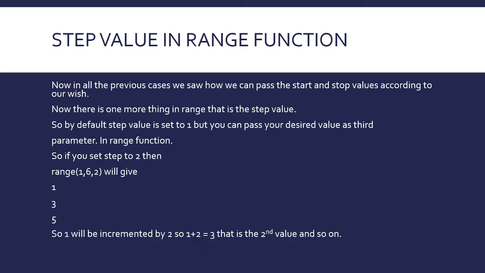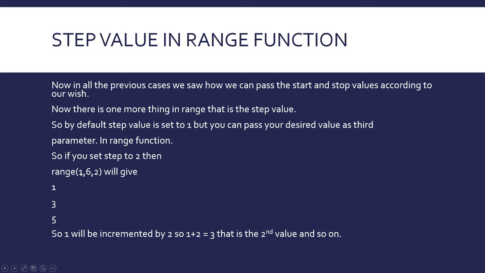It increments the number by 1 by default if you don't pass any value. Here I have passed 2, so it will increment the starting value by the step value, and print it in the next iteration.